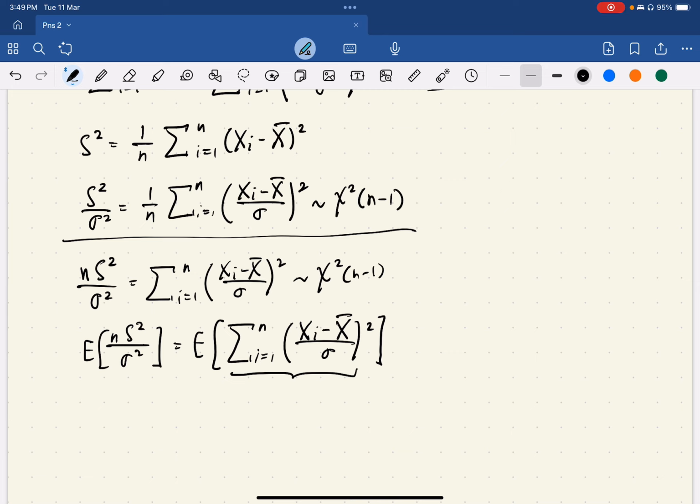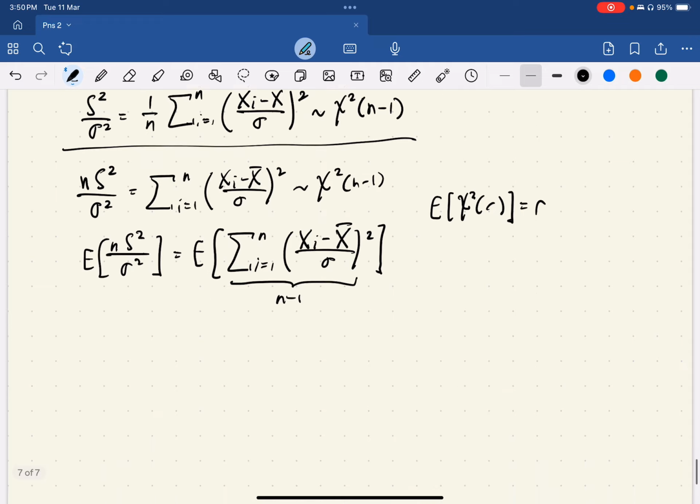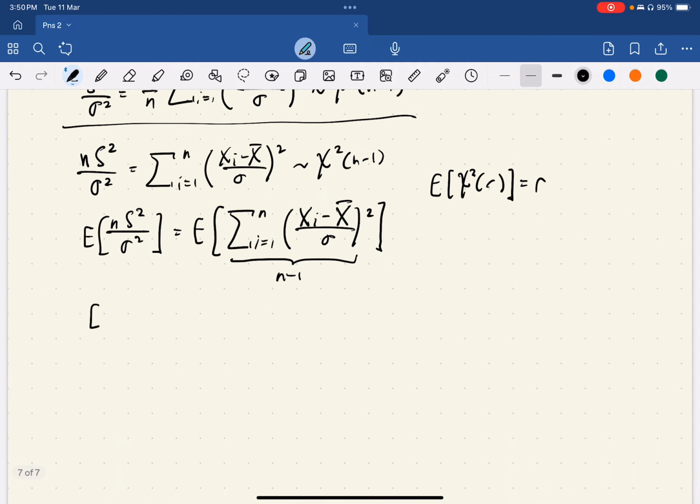If you recall from sets 1, the expectation of a chi-square random variable with r degrees of freedom is r itself. So the mean is actually the degree of freedom. And since this expression has n minus 1 degrees of freedom, you will have n minus 1.